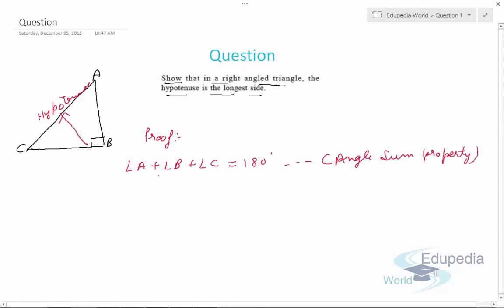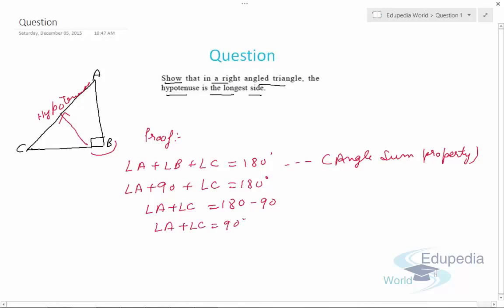We have assumed that angle B is 90 degrees. So angle A plus 90 plus angle C equals 180 degrees, and we can write angle A plus angle C equals 180 minus 90. So angle A plus angle C equals 90 degrees.